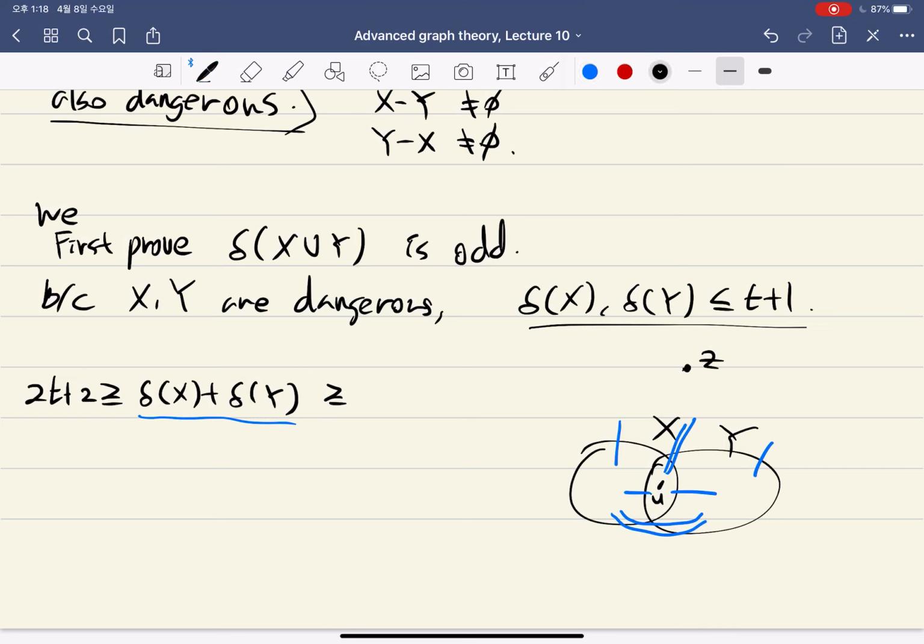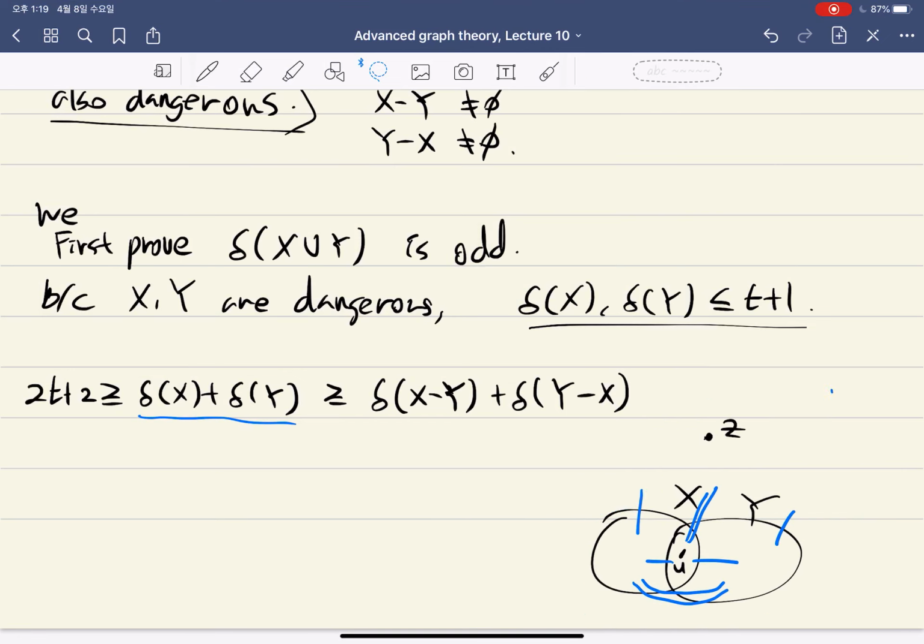And what does this count then? This counts this edge, and this edge, and this edge. And these types of edges are not counted. So we can add that, which is 2 times the number of edges in the edge cut.